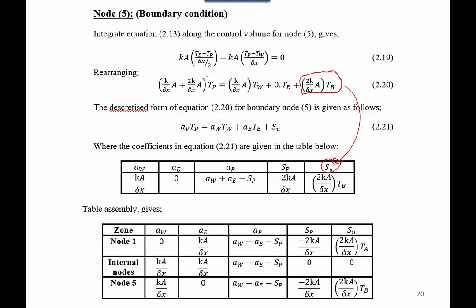And this will represent the AP, which is 3 terms: A West, and there is no A East, 0, and minus SP. SP is negative of 2KA over delta X, so negative of the negative value will be positive. Therefore, let's delete this, sorry.